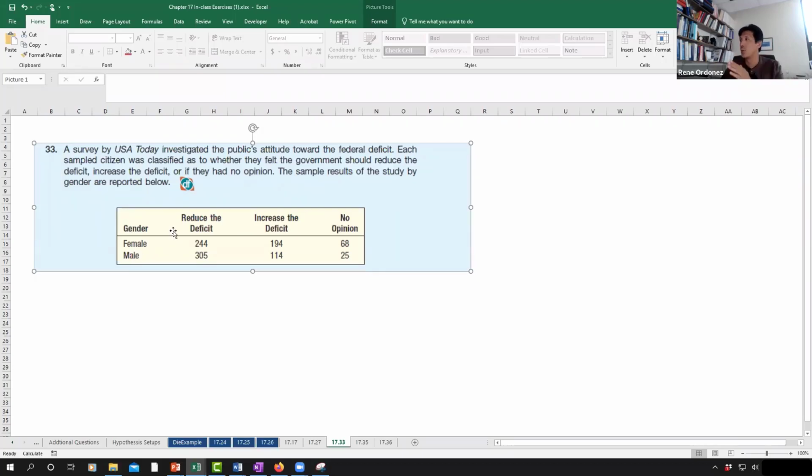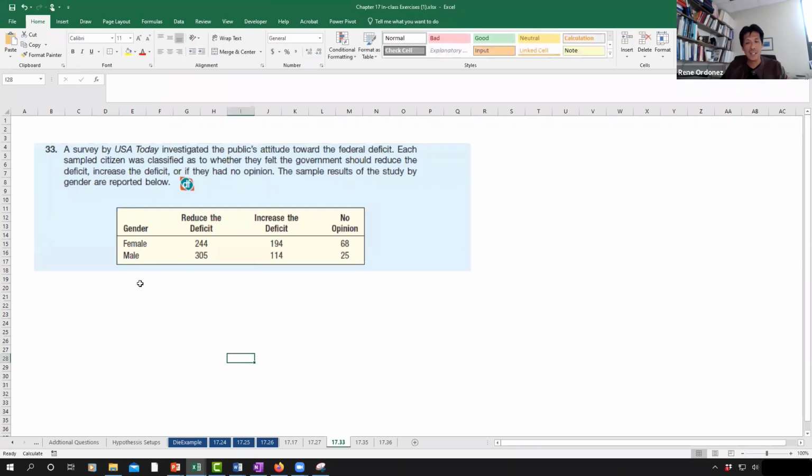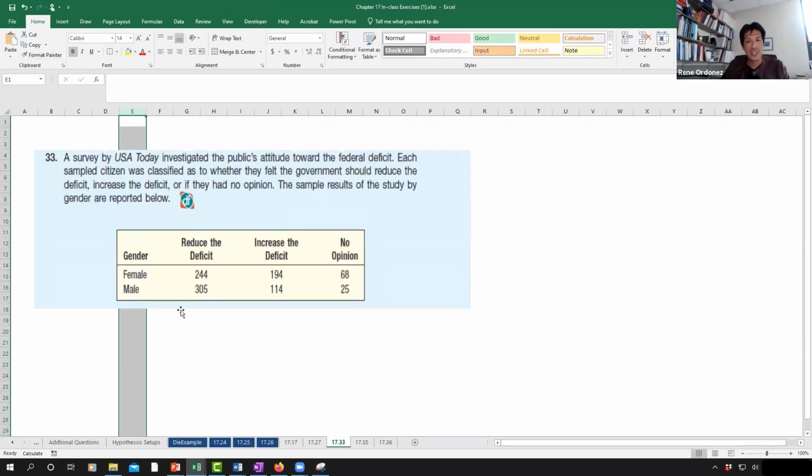Meaning, does one group favor one option over another? Okay, so we note here that in this example, there are two variables. Again, we're not going to solve this. I just want to set this up in preparation for next session.